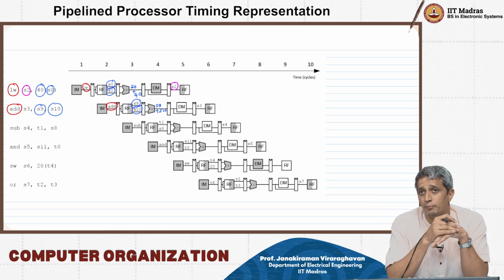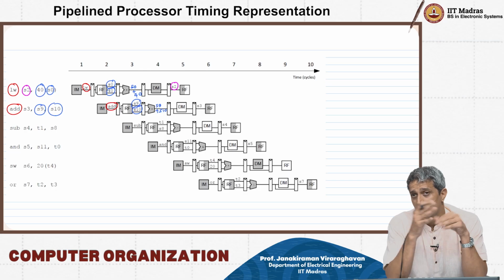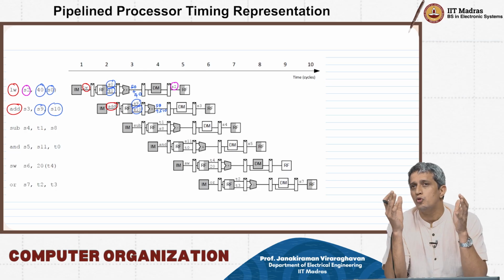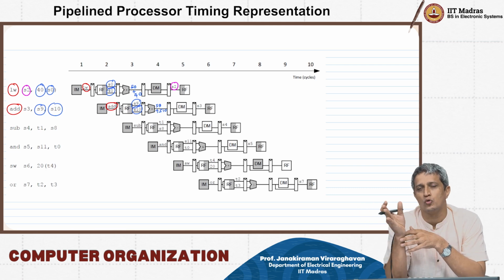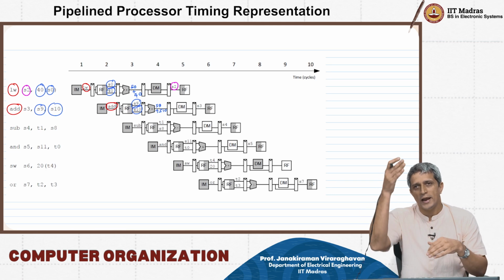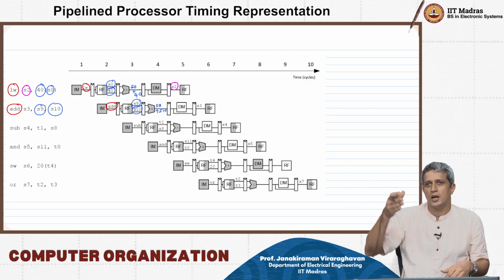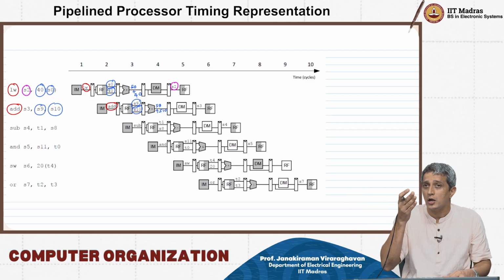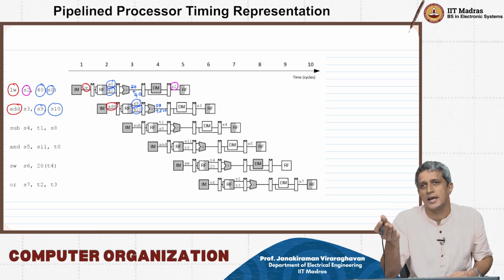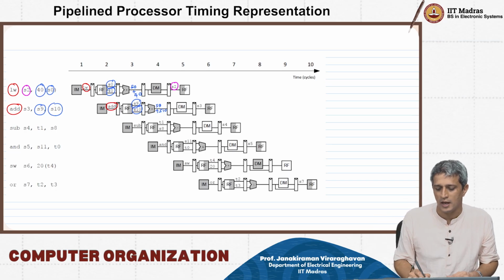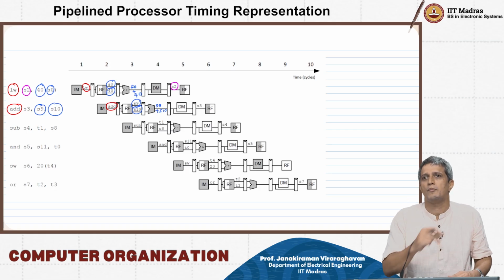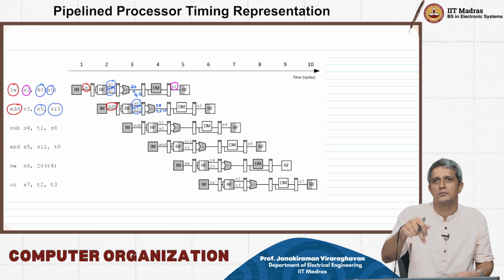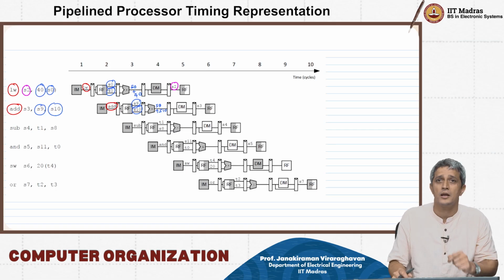On the other hand, in a pipelined implementation, you cannot neglect that clock cycle. It has to go through, because otherwise while something is fetching, the other is decoding. So you cannot skip this cycle and just say that in clock cycle number 5 I will do register file write back of instruction 2.